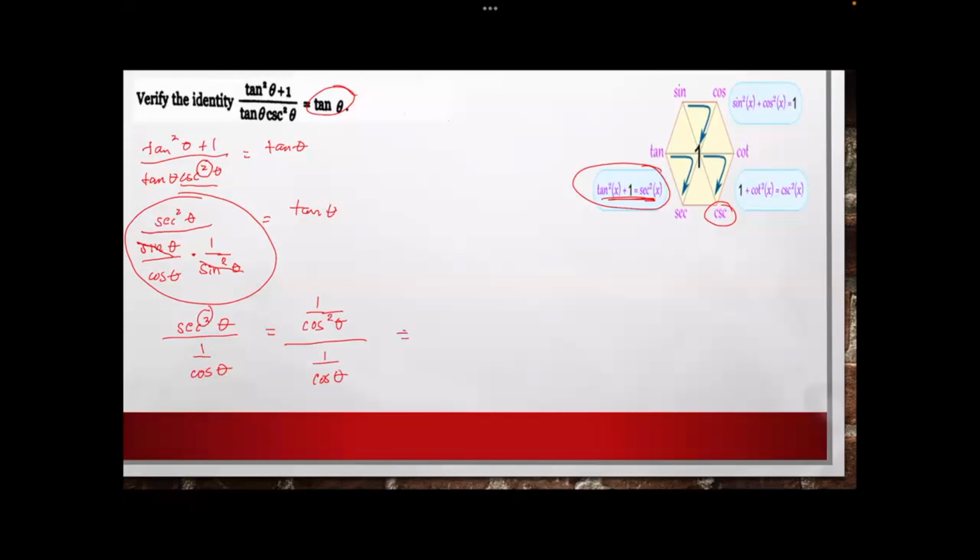So, this will be equal to, get the reciprocal of this. So, magkakaroon ka ng 1 over the cosine squared theta multiply by the cosine theta over 1. Dalawa yun dito, isa dito. Cancel.